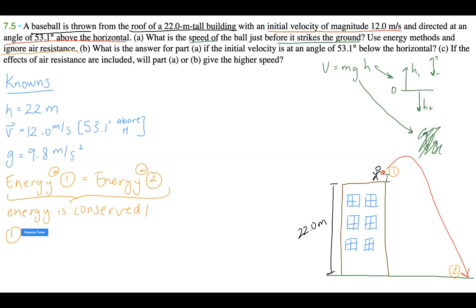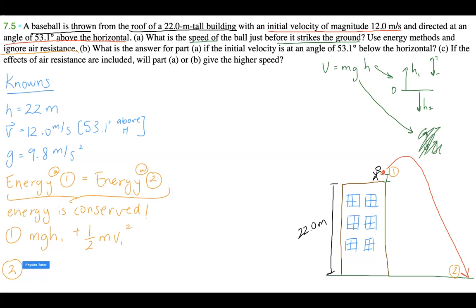At 1, we're at a certain height, which means gravitational potential energy, so it's mgh1. And it's leaving at some speed, so there's also kinetic energy. Is there anything else? I can't think of anything, so no.